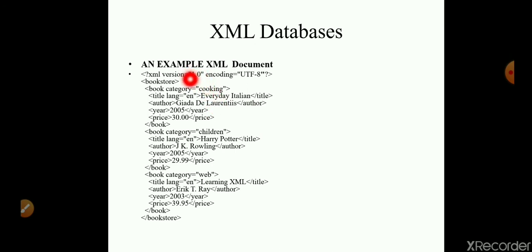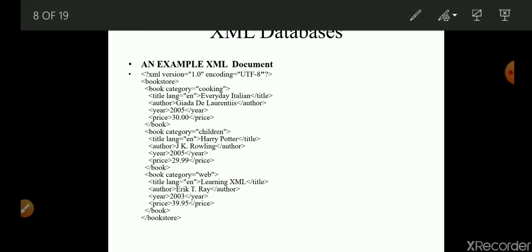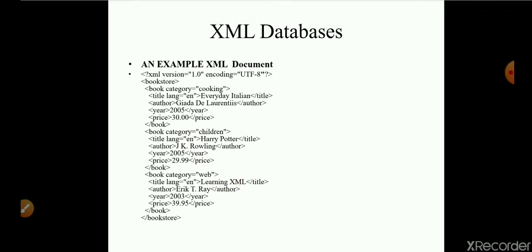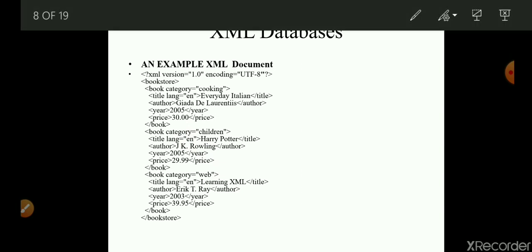Here bookstore is the root element, book category equal to cooking. Category and language are the attributes, and title, author, year, price are the elements, and it is closed by the tag /book. So this XML document is represented as a tree structure in the previous slide.